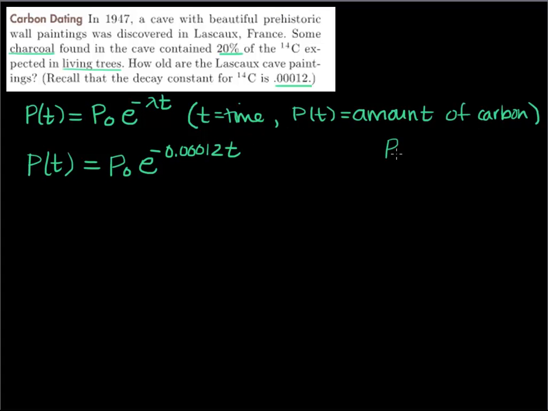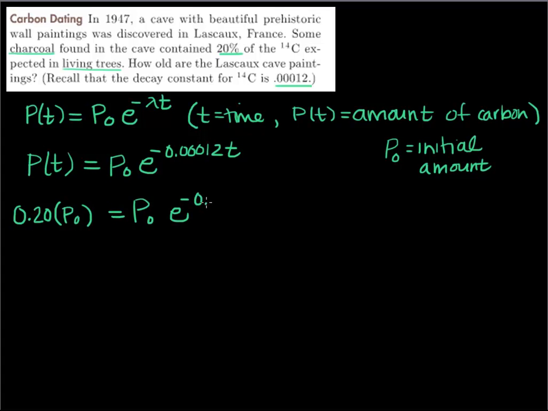So P naught is the initial amount of carbon that should have been in the charcoal at that time. So if the charcoal should have had the same amount as the trees, the initial amount of carbon, well, what is left? Only 20% of that initial amount is left in the charcoal.